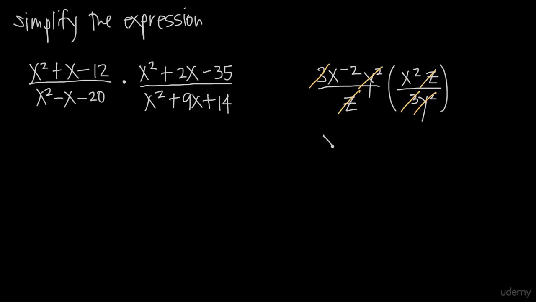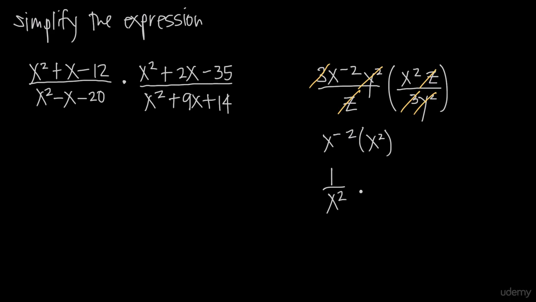Now all we're left with is x to the negative 2 times x squared. We canceled everything else out. Now, remember that x to the negative 2 is the same thing as 1 over x squared. When we move this x to the negative 2 from the numerator to the denominator, where there is an implied 1, the sign on the exponent changes from negative 2 to positive 2.